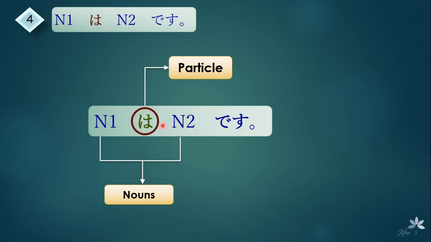This wa is a particle which is a subject marker. That is, it marks the subject of the sentence. So, in this sentence, N1 wa N2 desu, N1 will be the subject of the sentence. You are talking about N1.